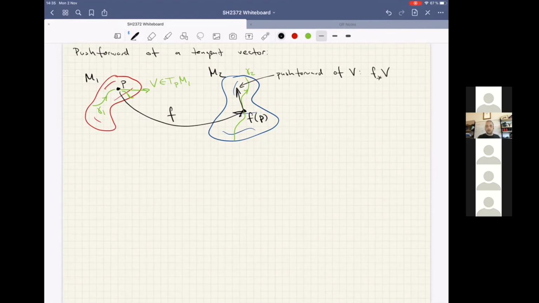That should be a vector on M2, which means that it should be a directional derivative on M2.